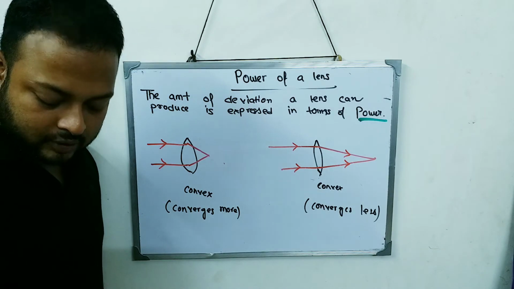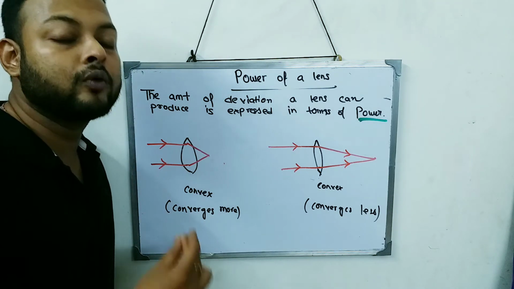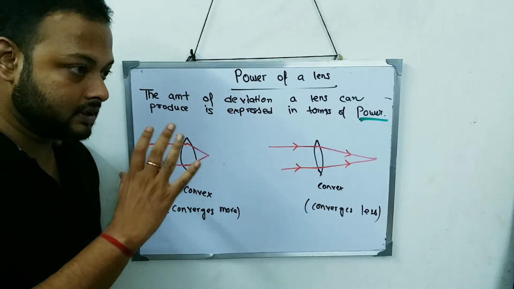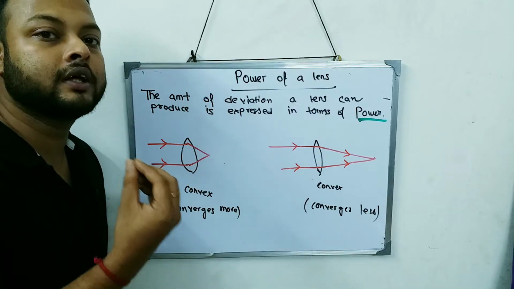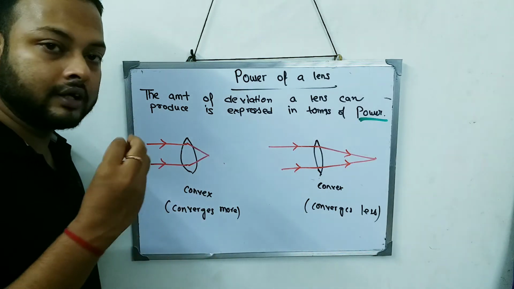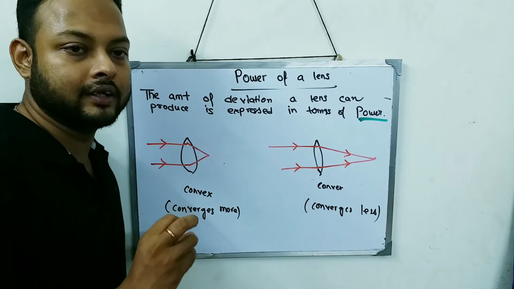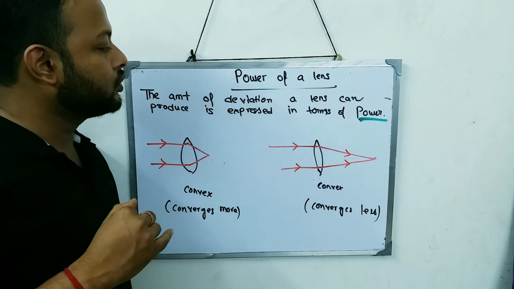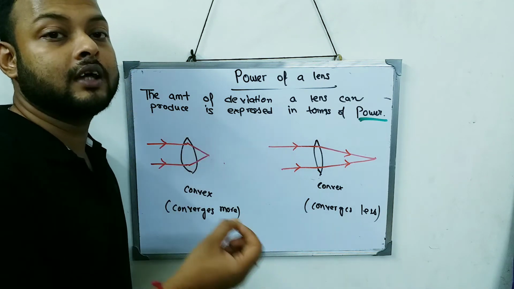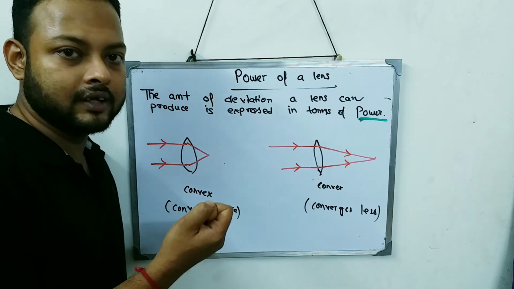Now my question is, which lens can deviate more and which lens can deviate less? I hope we are going to answer that. But I hope till now, whatever I taught you, you must be able to understand that. So what is deviation? What is power? The amount of deviation a lens can produce. Some lenses can deviate more, some lenses can deviate less.